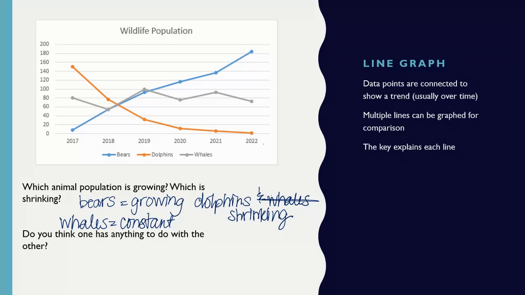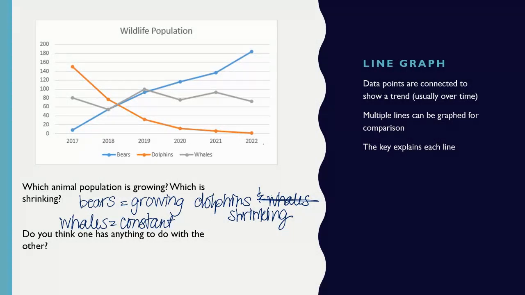So it really could be anything. We would probably need a little bit more information to answer this second question about whether one population has anything to do with the other. We're not given that information, so we can maybe make a couple guesses, but we can't really know for sure if one is impacting the other, okay?